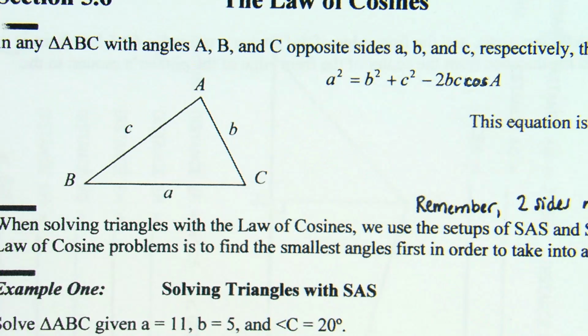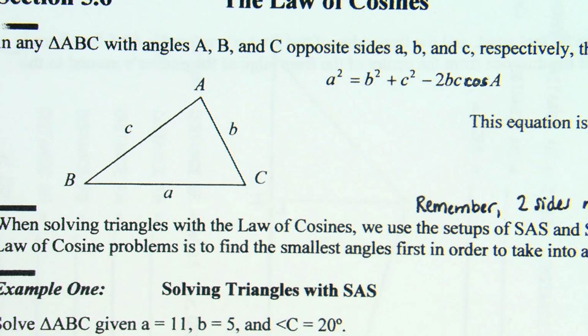So, one version of the law of cosines is a squared equals b squared plus c squared minus 2bc times the cosine of angle A. The idea is this is the type that can work if you're just given three sides of a triangle, you can use this to start finding missing angles. So, this is one version. Everyone caught that I changed that sign to a cosine, yes?